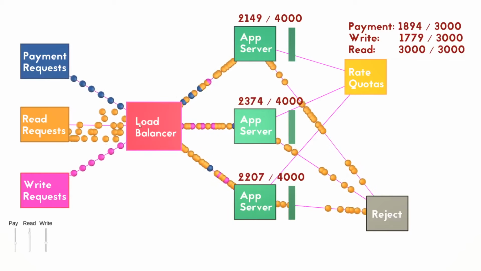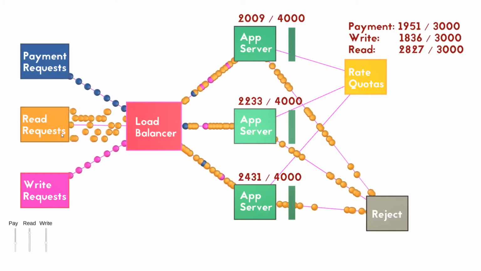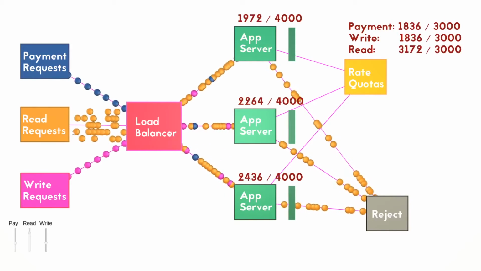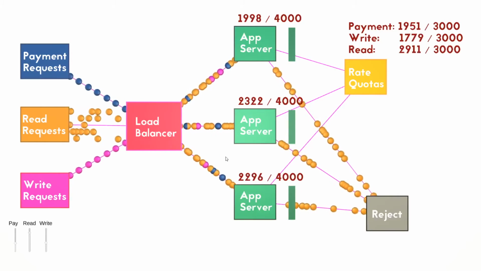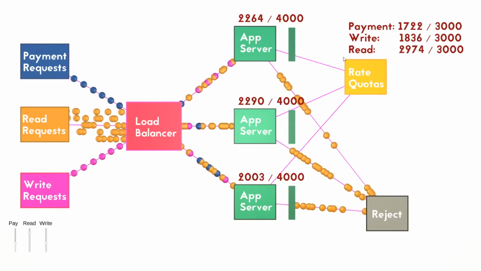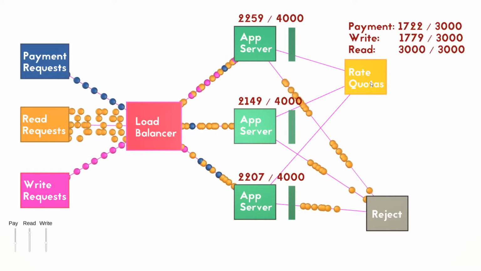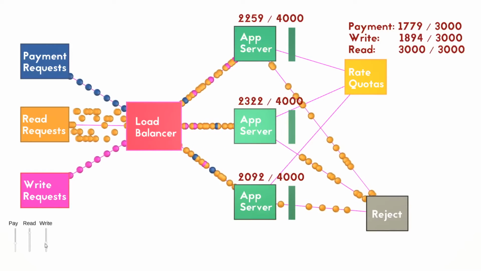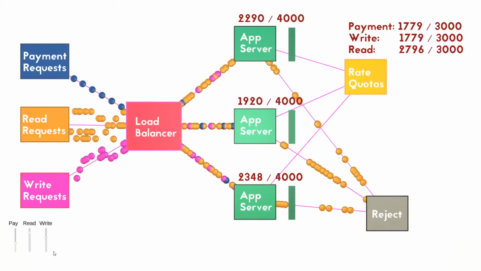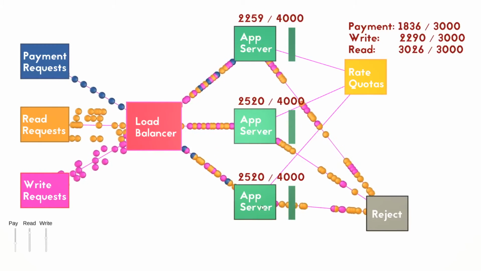So over here, even though the read requests have the capability of swamping all the servers, they are not able to because they are getting rejected based on the quotas set in the rate quotas service. Now, if I increase the write service requests also, in this case, even the writes will exceed their limit in the rate quotas and they will start getting rejected.